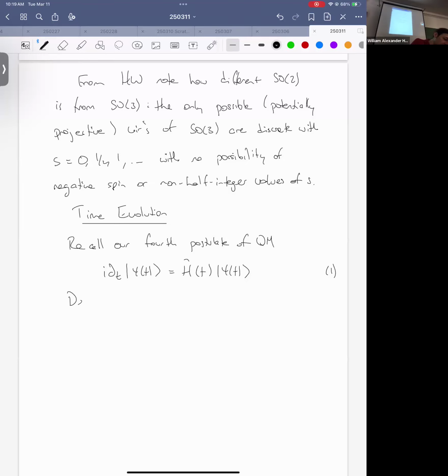Let's define the time evolution operator, such that psi at time t is given by the time evolution operator, which is a function of the initial time t0 and the final time t, acting on the state at time t0.